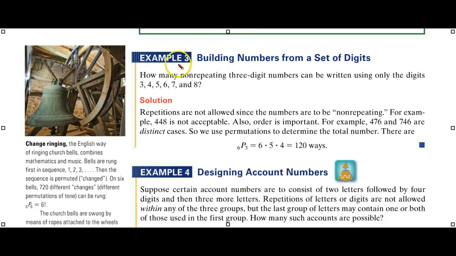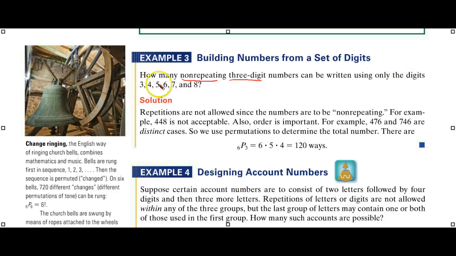So in example C, again, this is the model you're going to follow should you get something like this in your homework. How many non-repeating, so again, repetition is not allowed, this will be a permutation, 3-digit numbers, this is the number of selections when only these digits may be used.